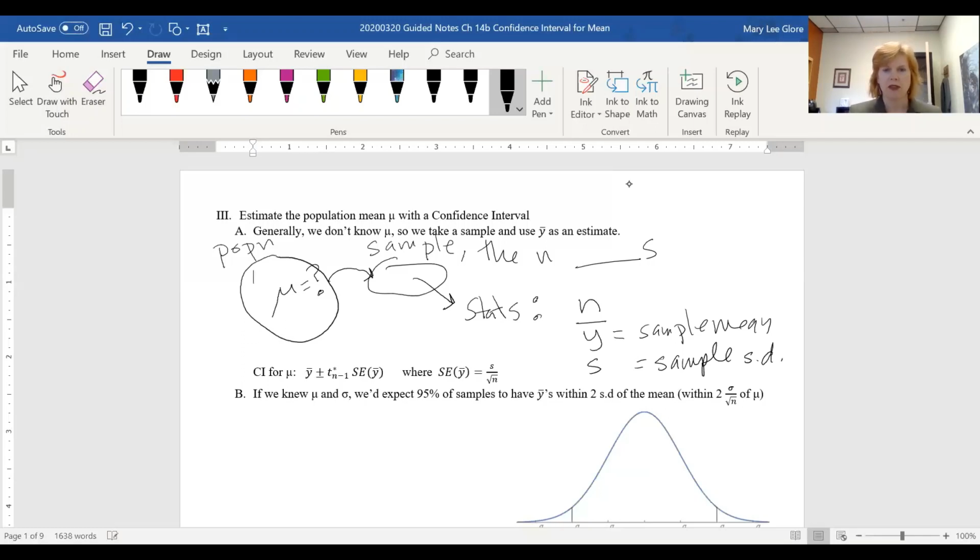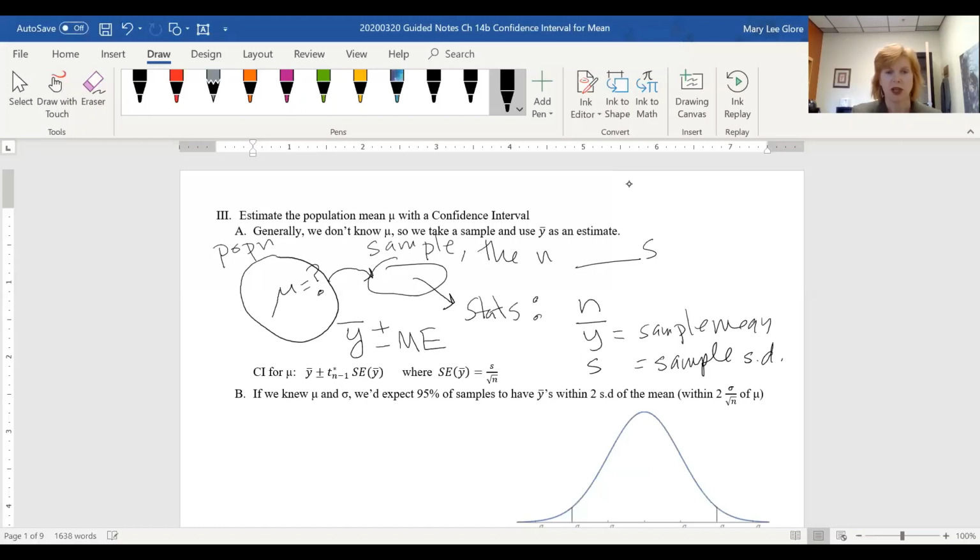So then the mean of my sample should be close to this mu, the mean of the population, what I'm interested in. So I can use this as my estimate, plus or minus some margin of error. So mu, I think, is going to be Y bar plus or minus some margin of error.